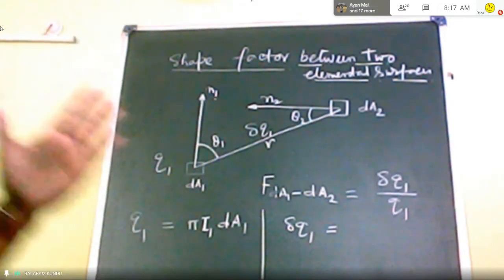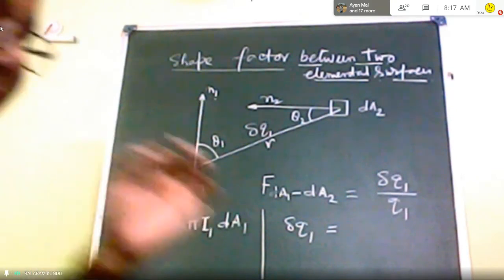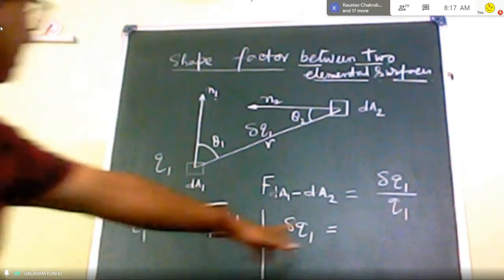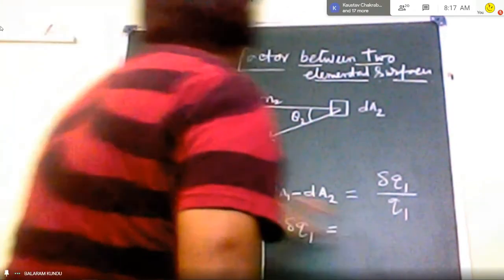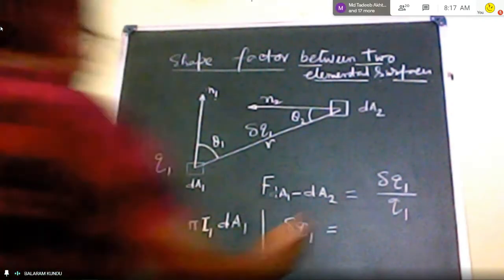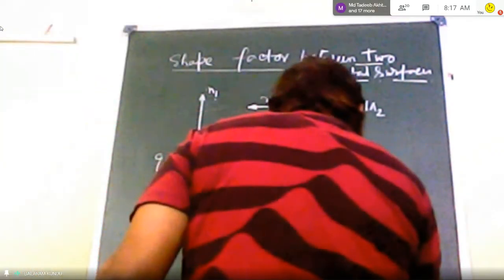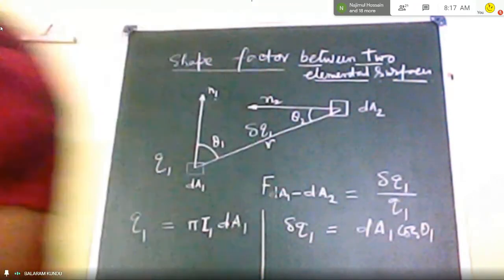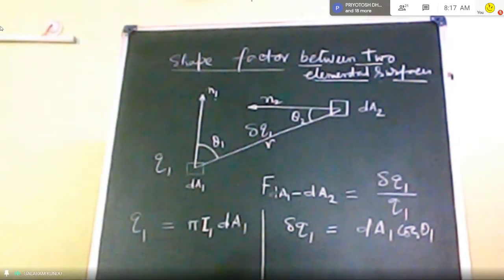The area which is perpendicular to the R direction should be considered, from the definition of the spectral blackbody radiation intensity concept. So the perpendicular area should be equal to dA1 into cos of theta1.